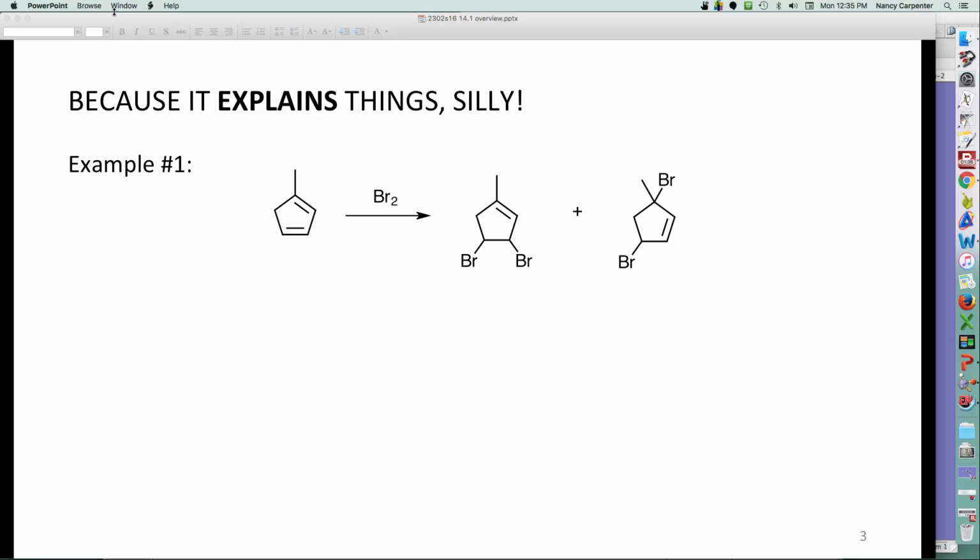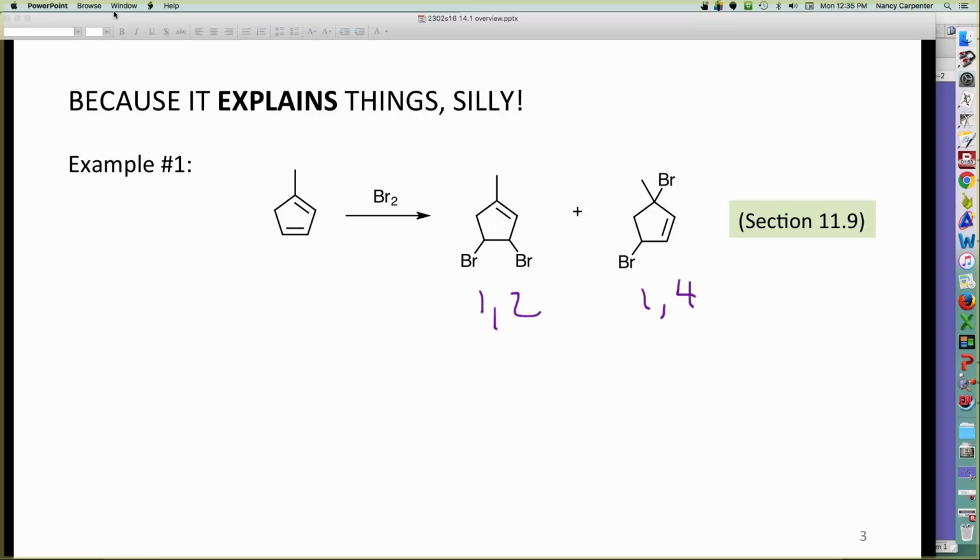So, back in the day, I think this was chapter 11, we looked at electrophilic addition to conjugated alkenes. So, for example, if we added bromine to this conjugated cyclopentadiene, yikes, we get a mixture of products, showing us that we get a mixture of both the 1,2 and the 1,4 product.